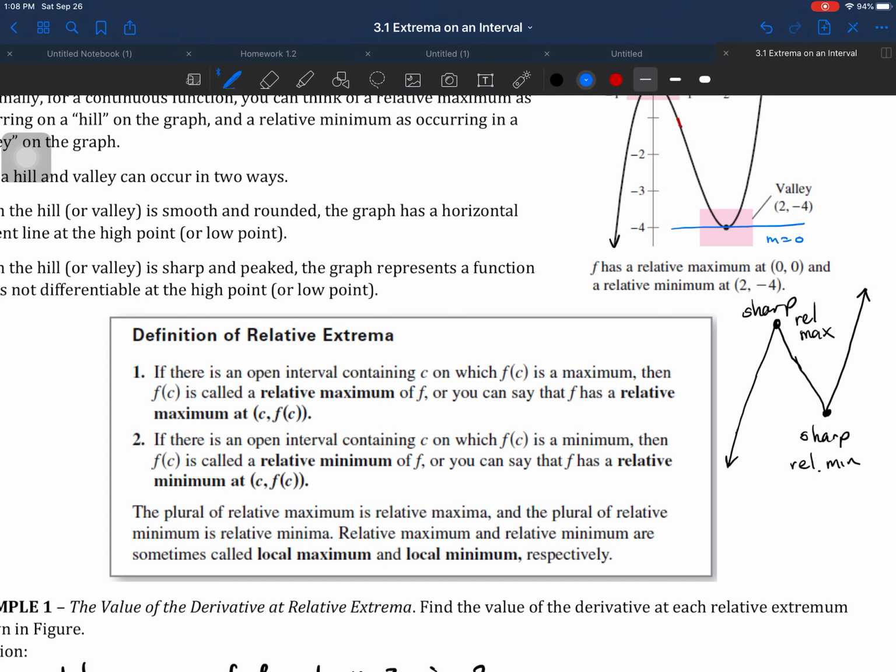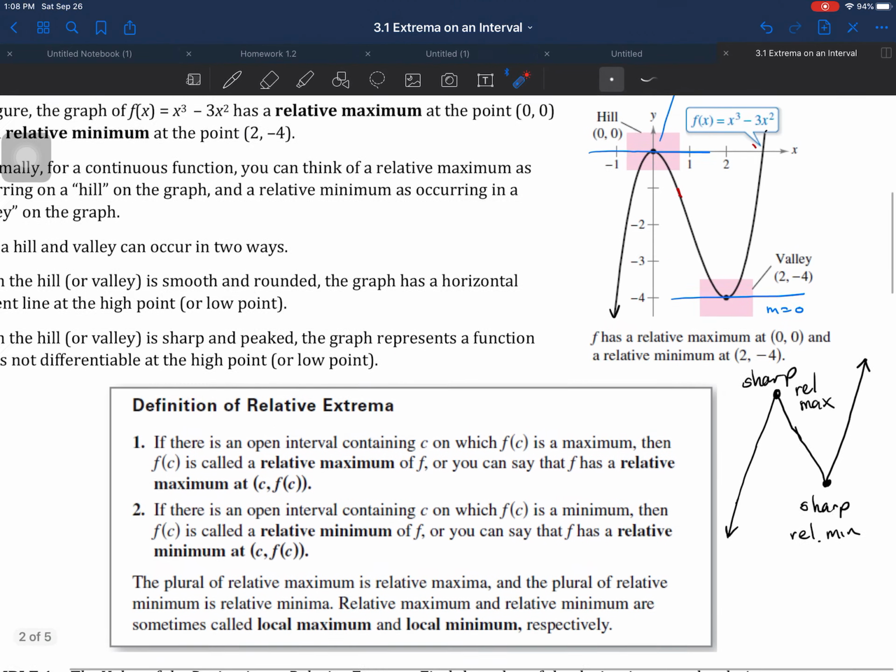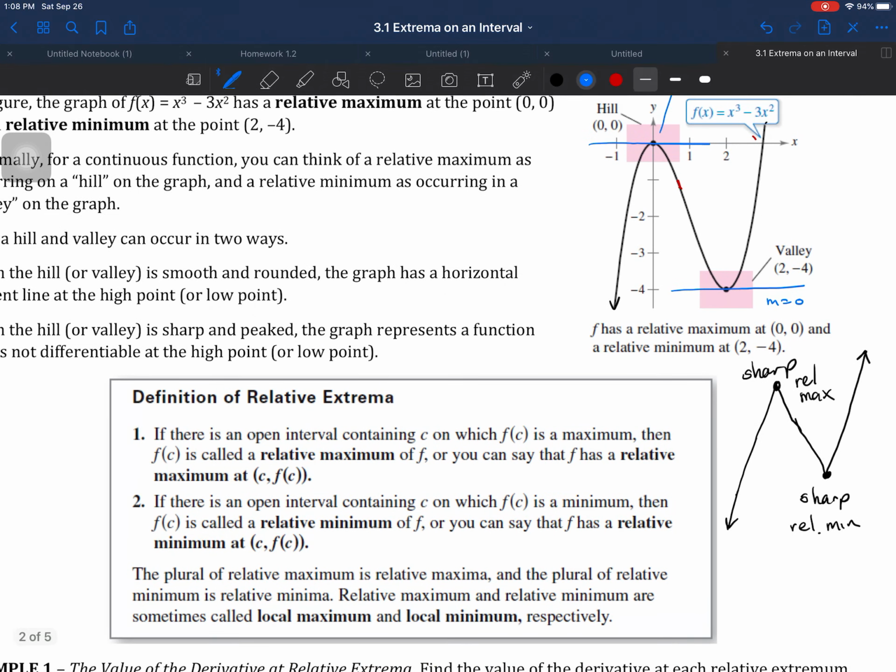Let's see. If there is an open interval containing c, let me maybe draw a picture here, containing c, on which f(c) is the maximum, then f(c) is called the relative maximum of f.